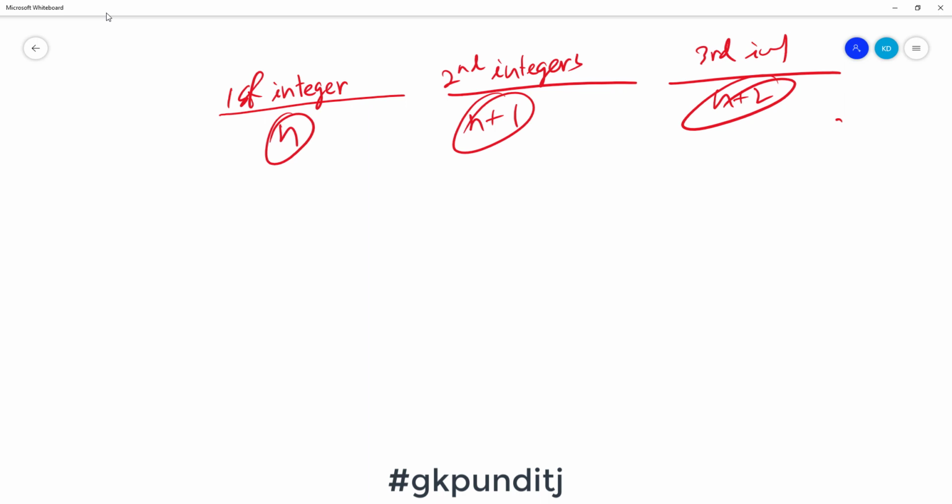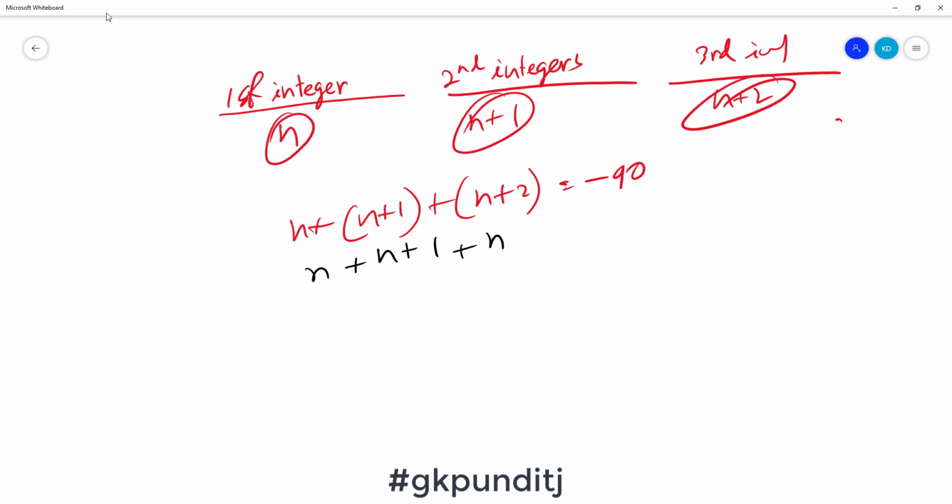Okay, now make the equation, very simple. n plus n plus 1 plus n plus 2 is equal to minus 90. So solve this equation.